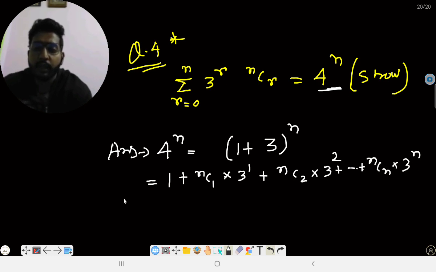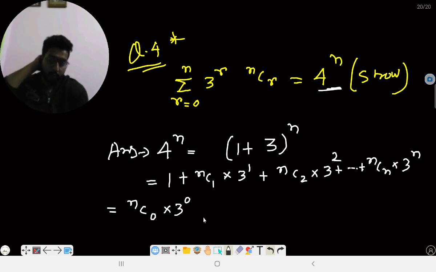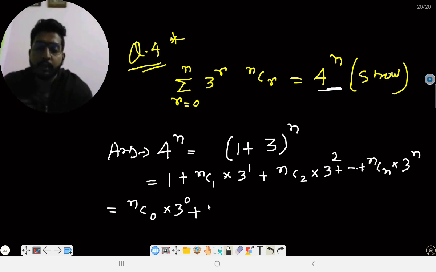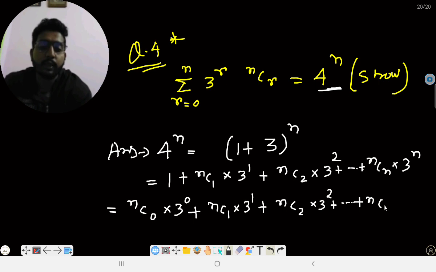Now the first term can be written as nC0 into 3 to the power 0, because nC0 is 1, 3 to the power 0 is also 1, plus next one is nC1 3 to the power 1 plus nC2 3 to the power 2, like this, up to nCn 3 to the power n.